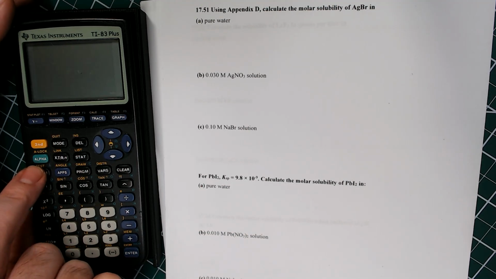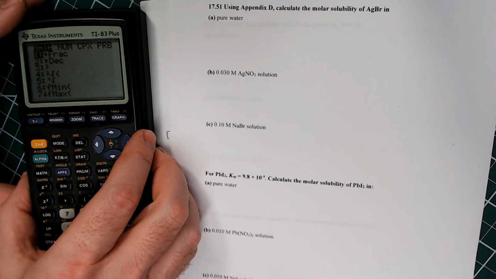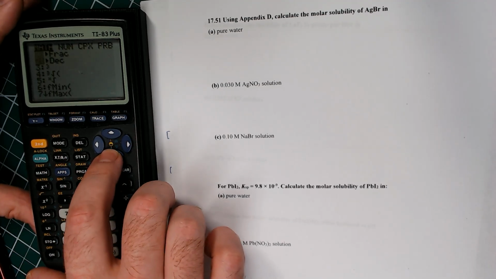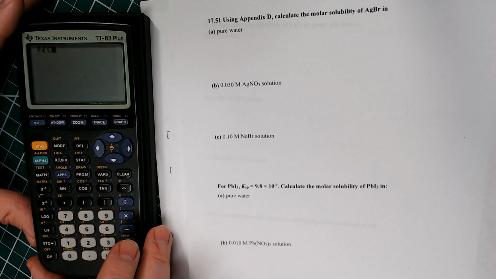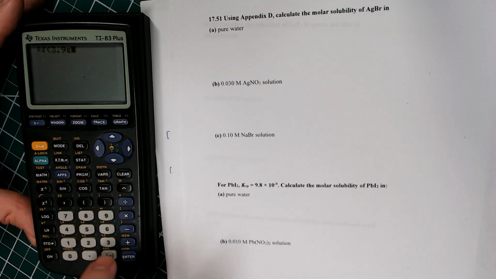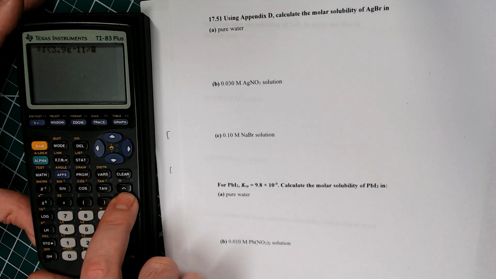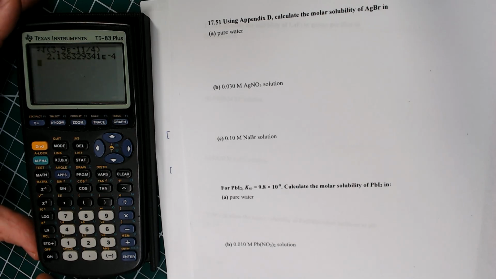Here we've got a math button, and down here, on number 4, you can take the cube root of something. So the cube root of 3.9 times 10 to the negative 11, divided by 4 and put in parentheses, gives us 2.1 times 10 to the negative 4.